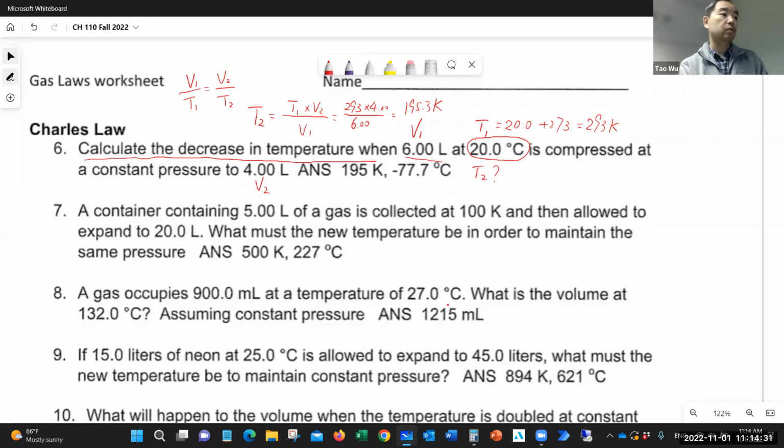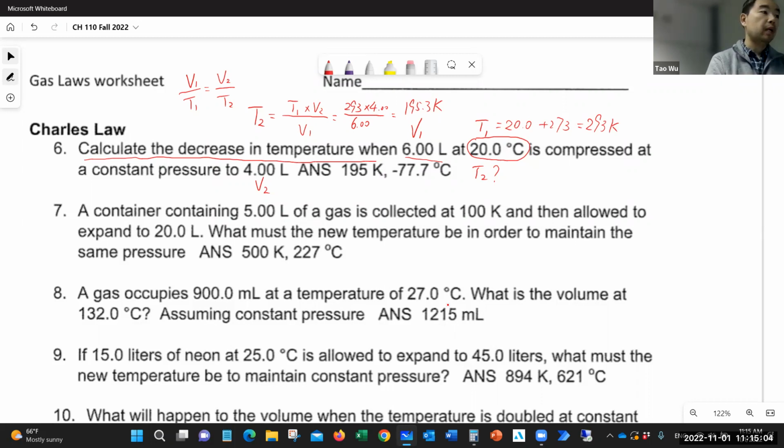That really depends on what the question is asking for. If the question asks for Kelvin, then your answer will be in Kelvin. If the question asks for Celsius, then you have to subtract 273 to get Celsius. This is sometimes the part that you may get wrong in the questions, so look at what the question is asking for: Celsius or Kelvin?